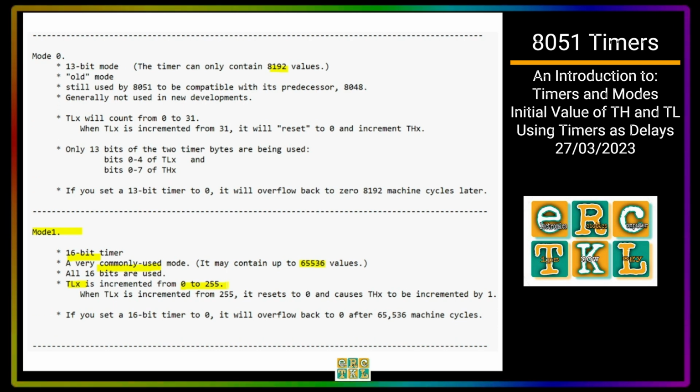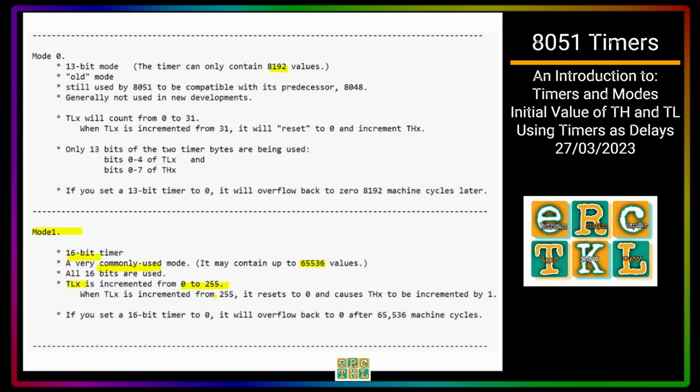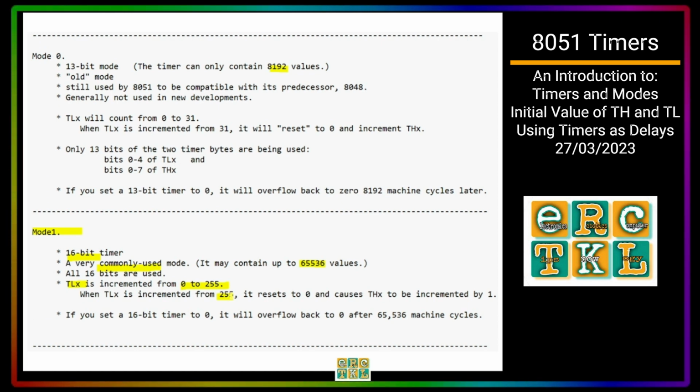But to make it easier to understand, let's make it decimal, 0 to 255. And when it reaches 255, it will do what we call rollover. Rollover means go back to 0. And when it goes back to 0, then the TH will be added with 1.